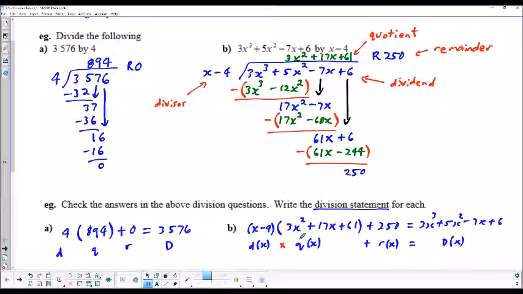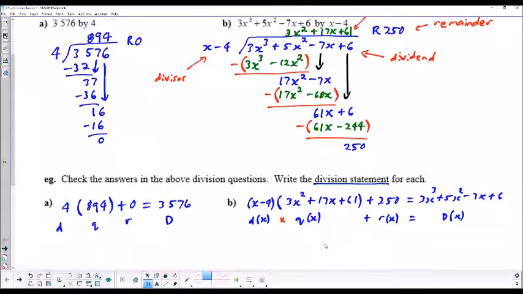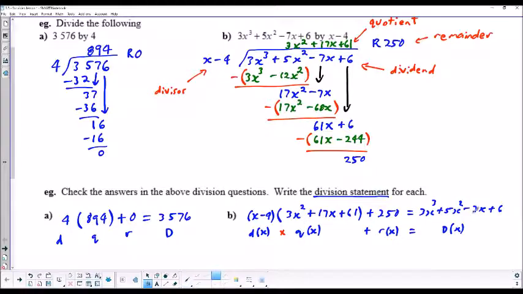So that's the division statement, and that can be used to check your final answer. What we should have done, instead of just writing out the dividend, is expand this all out, multiply all this together, simplify it, add the 250, and I would indeed have gotten this dividend here.